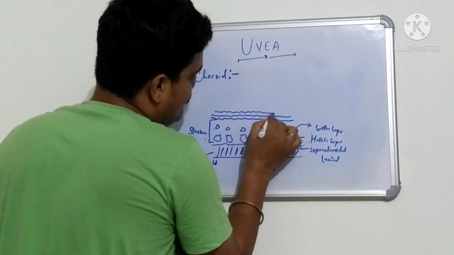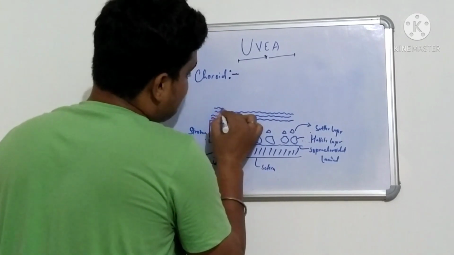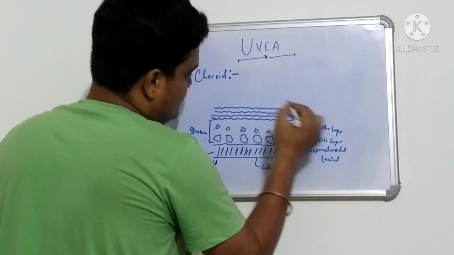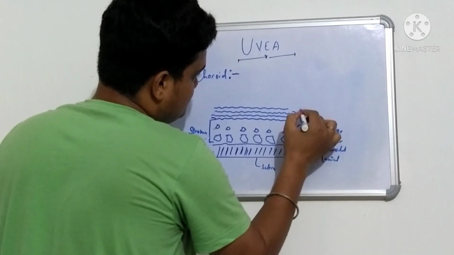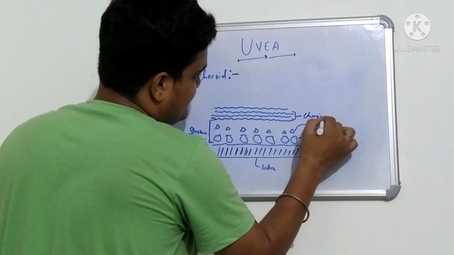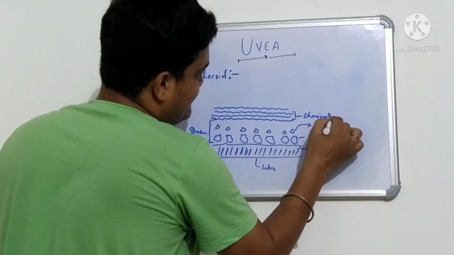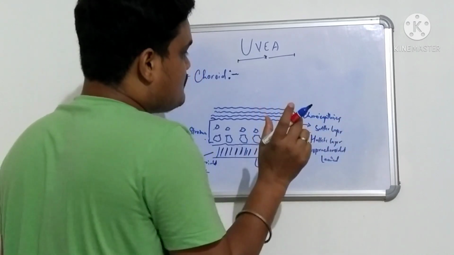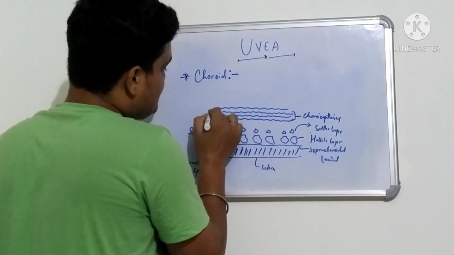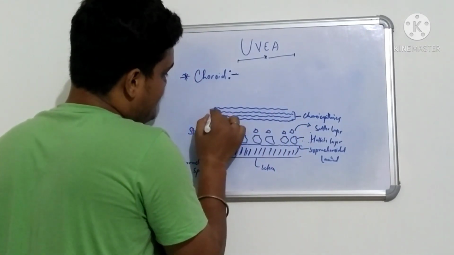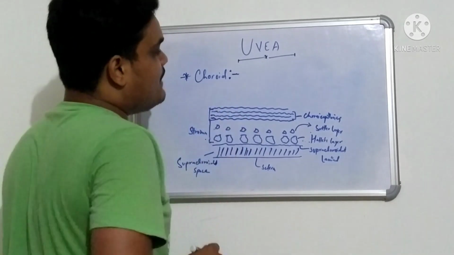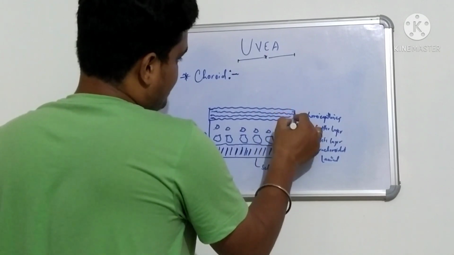Choriocapillaries consist of a complex network of blood vessels which supply blood to the retina. These are small capillaries in the choroidal area, and this area has the major function of providing blood supply to the retina.